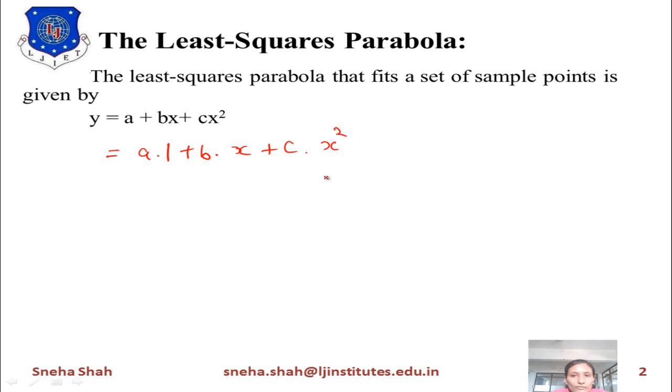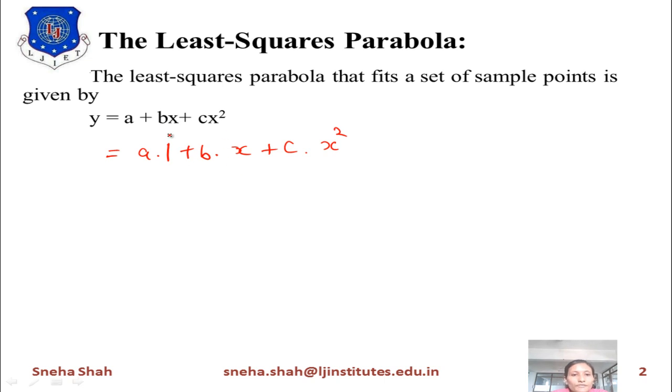To find the normal equations, we first multiply with 1, then with x, then with x square, and then take the summation of each, so that we can find the normal equations. If we solve these normal equations, we can find the values of a, b and c.